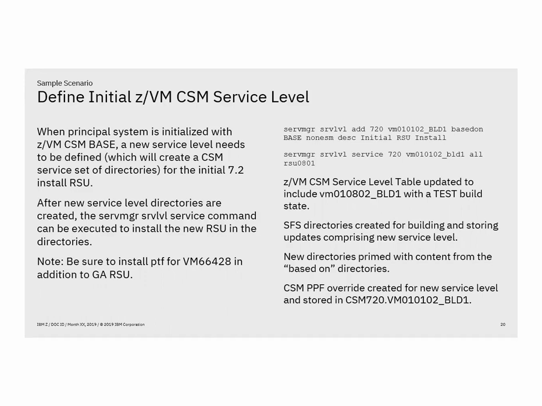So that actually adds service there. Now, if I was installing the GA RSU, I also want to make sure that I include the PTF for VM66428 in this service level. So that would be a second invocation of service under this service level, pointing to the envelope file that actually has the service for that PTF.